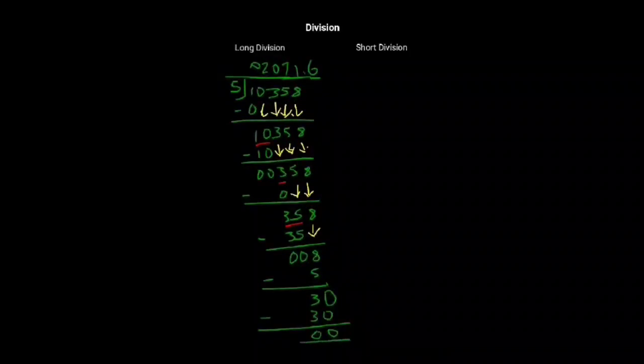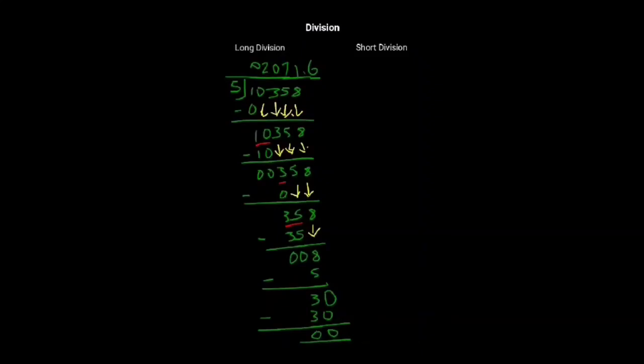So we have 0 remainder, and we have an answer on top. So this is fully solved. And our answer would be 2071.6 with 0 remainders, or 2071 with 3 remainder if we didn't continue.